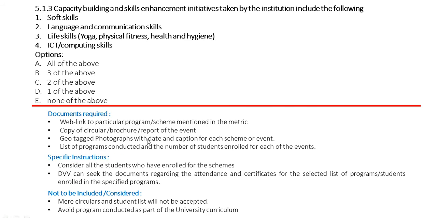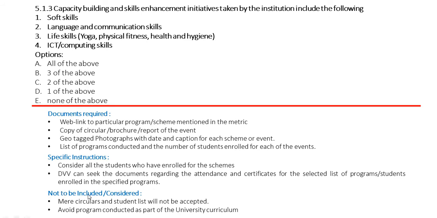Also, list of programs conducted and the number of students enrolled for each of the events has to be provided. The specific instruction says consider all the students who have enrolled for the schemes. DVV can seek the documents regarding the attendance and certificates for the selected list of programs or students enrolled in the specified programs during DVV clarification process.